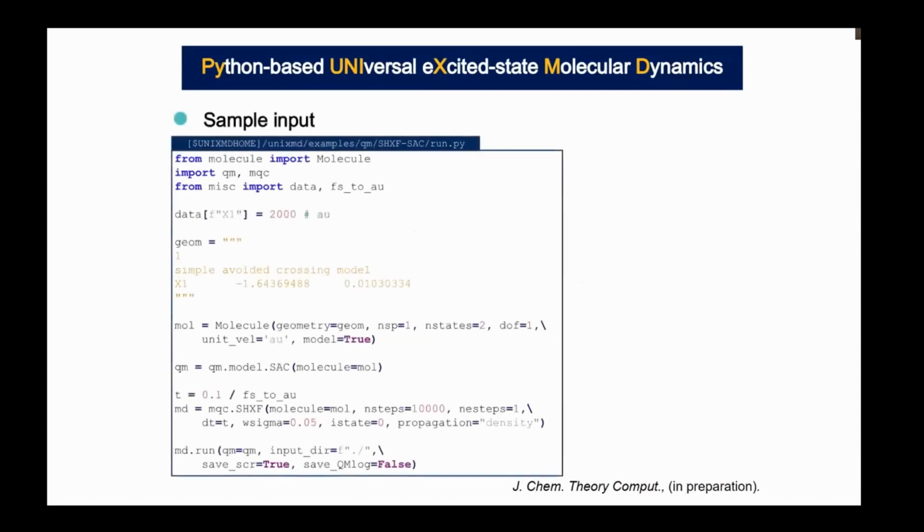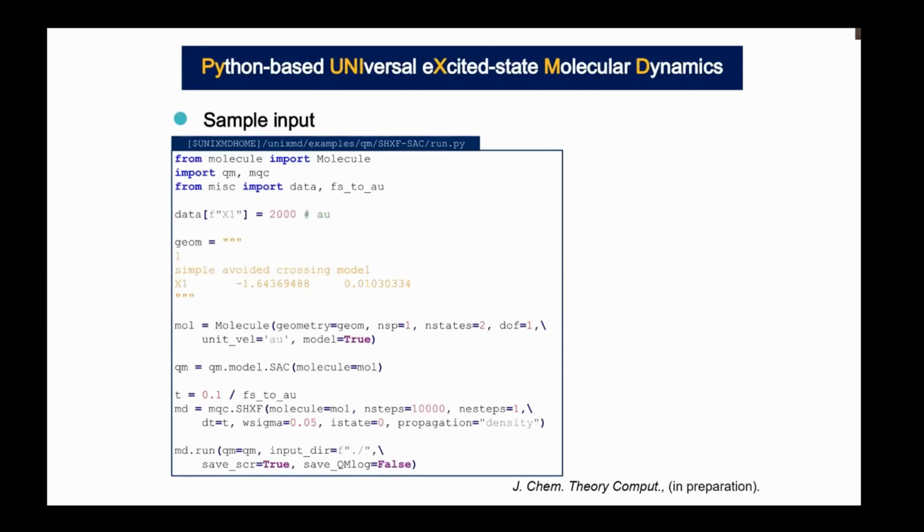So I would like to show you a sample input file for this PyUNIxMD program. Here we first define the molecular configuration. For example, in this case we have a one-dimensional model system. So we have a model particle here, and we have one-dimensional position and velocity.